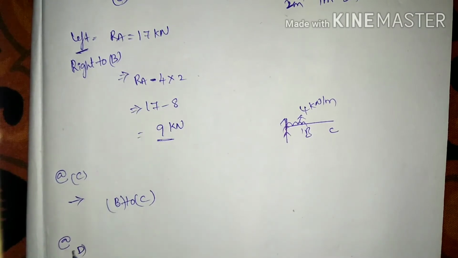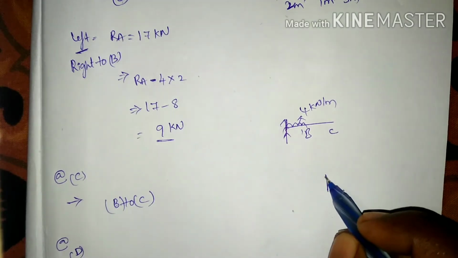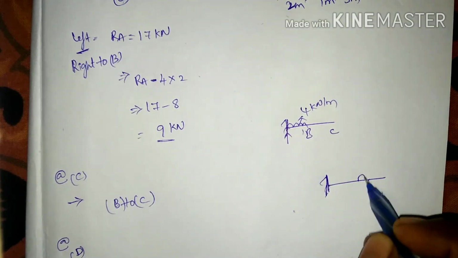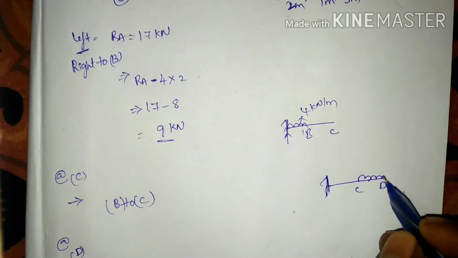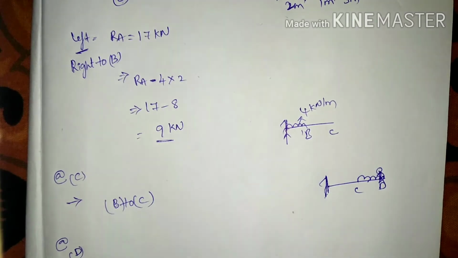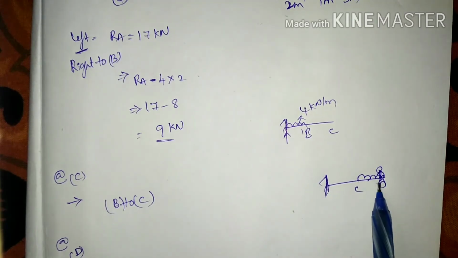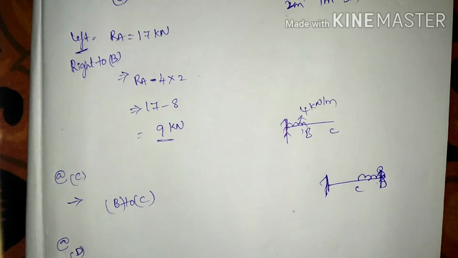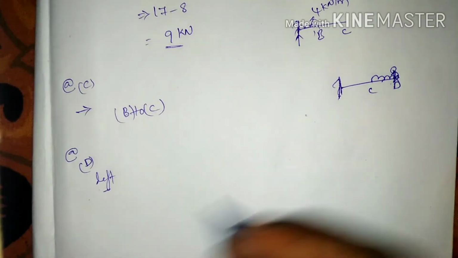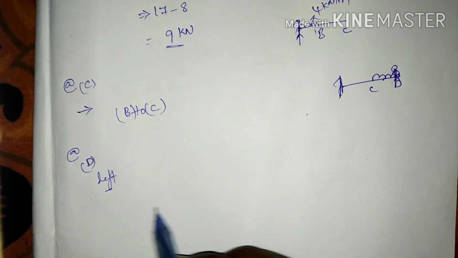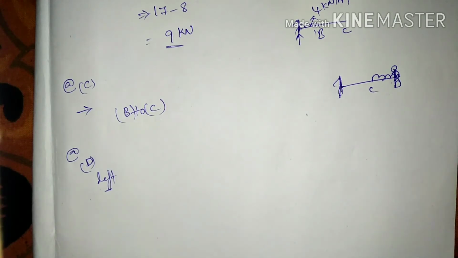And next, at the point D, here we are having C and D. If I stand here, we cannot divide the UDL, so we cannot have the value of shear force at left, but it is going to decrease the value of shear force, as we discussed earlier.